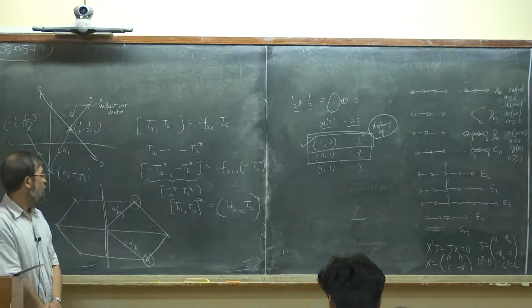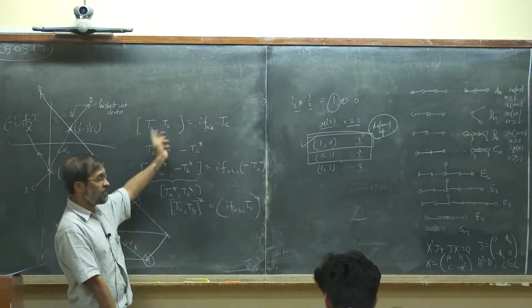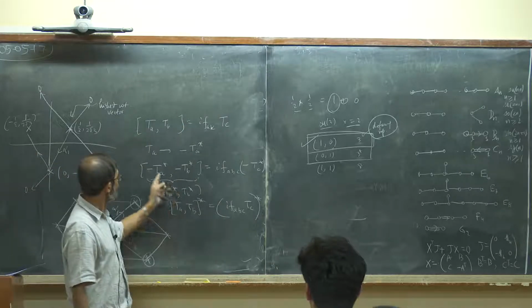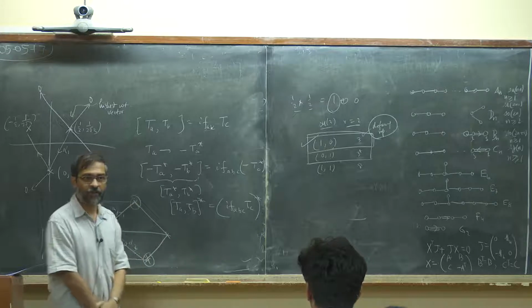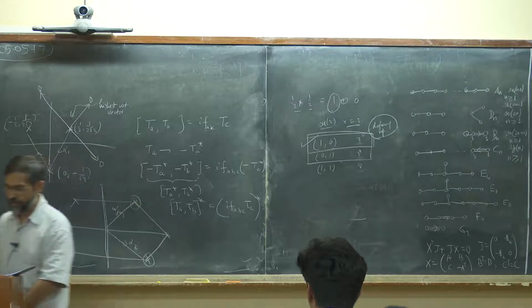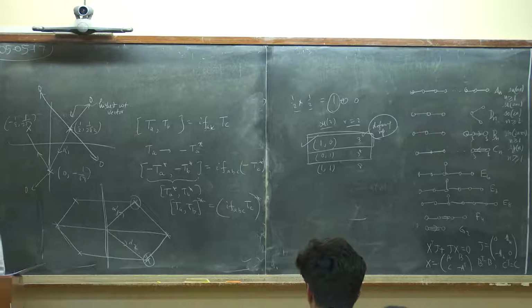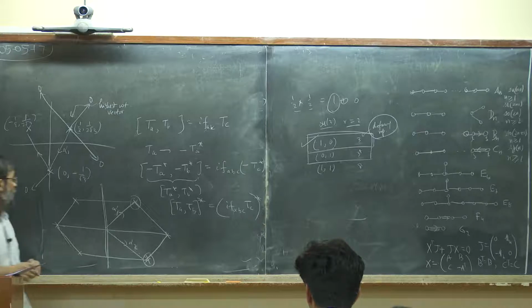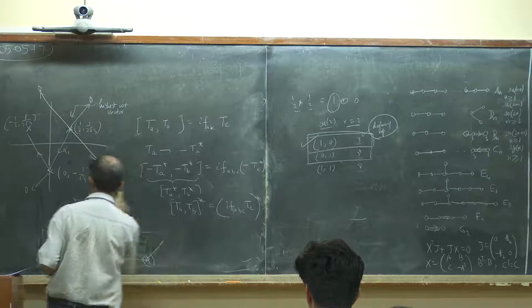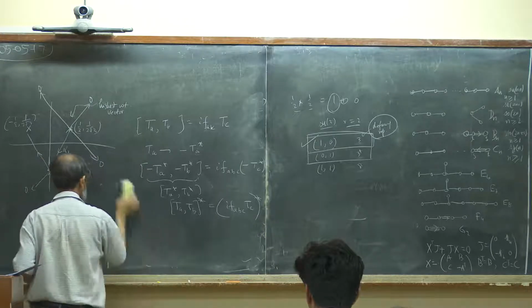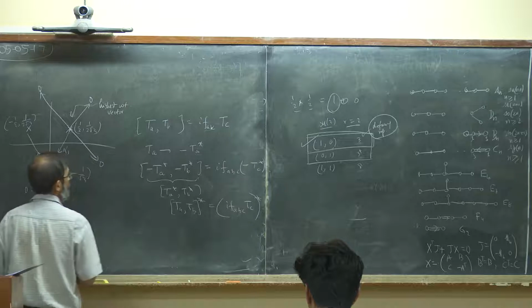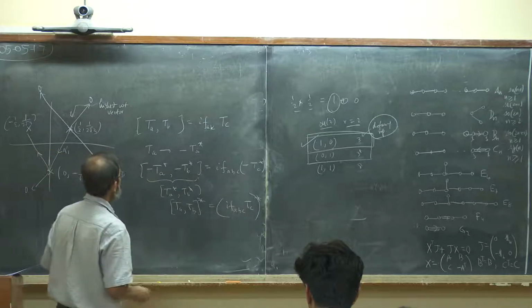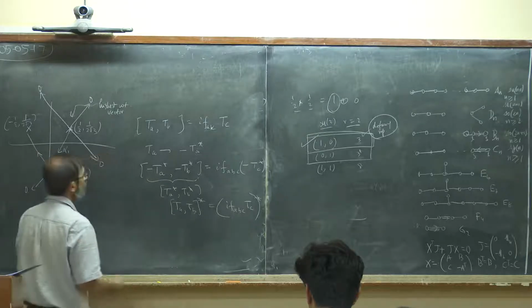So if there are representation matrices like that, then minus TA star also correspond to representation matrices like this. Very good. These are called complex conjugate representations, but let us now see what this does.